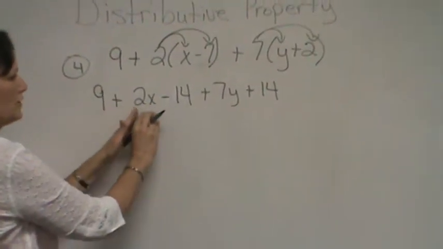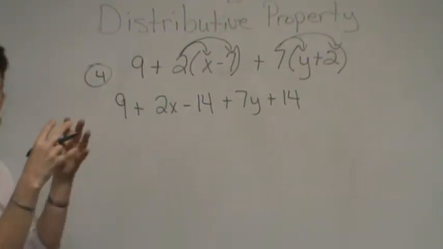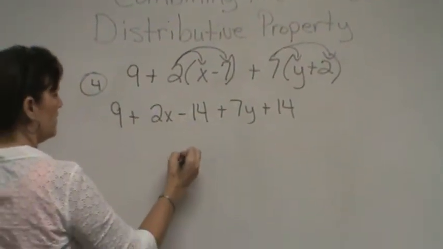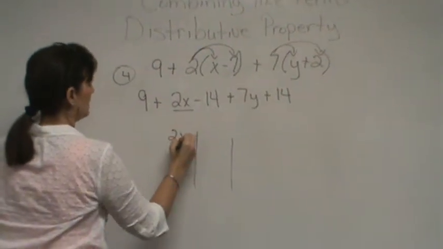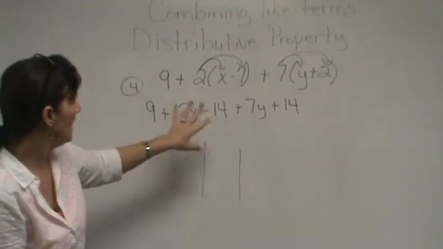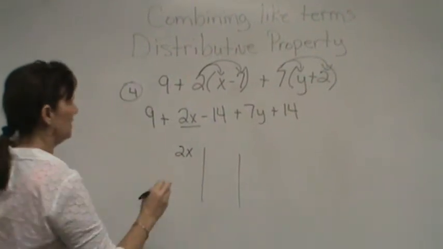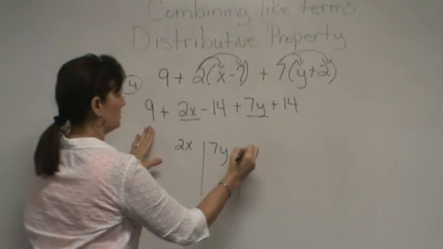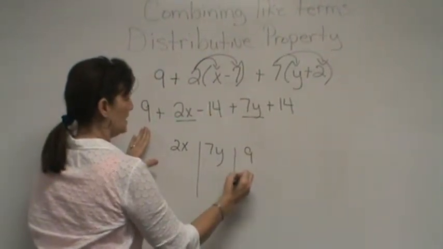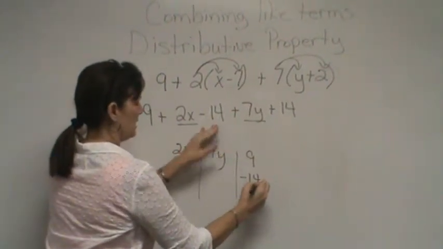Each one of these is a term, and I'm putting like terms together. So when I do my columns, look at my x. That's the only term that I have in x. So x is going to be here. Okay, there's my 7y. Everything else are just numbers. So I have 9. I have minus 14.